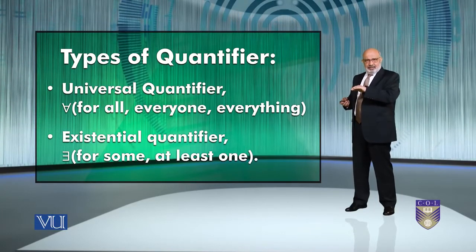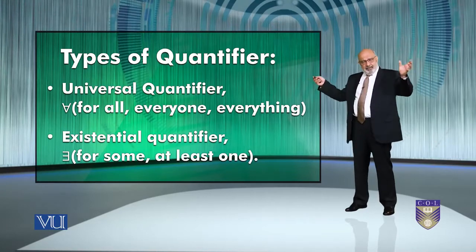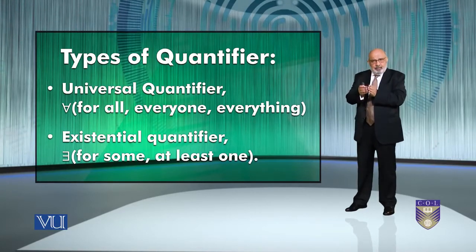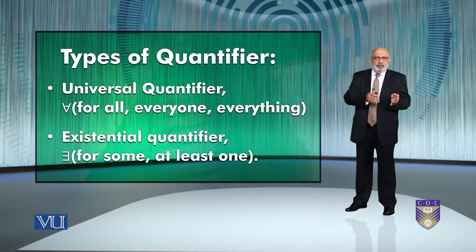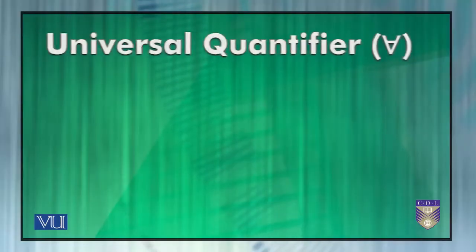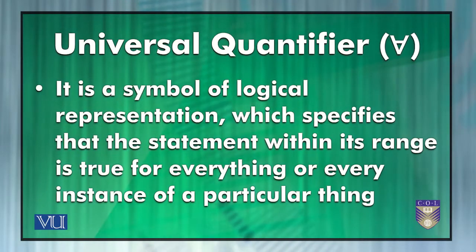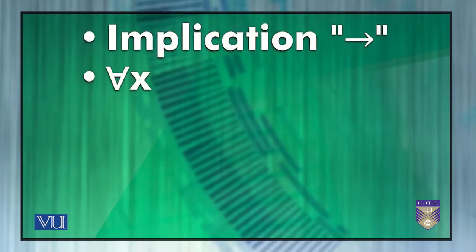So that's existential. Universal means for everything. Existential means for some, at least one, or some part of that. The universal quantifier is a symbol of logical representation, which specifies that the statement within its range is true for everything or everyone, every instance of a particular thing. And I said it's represented with an inverted A.